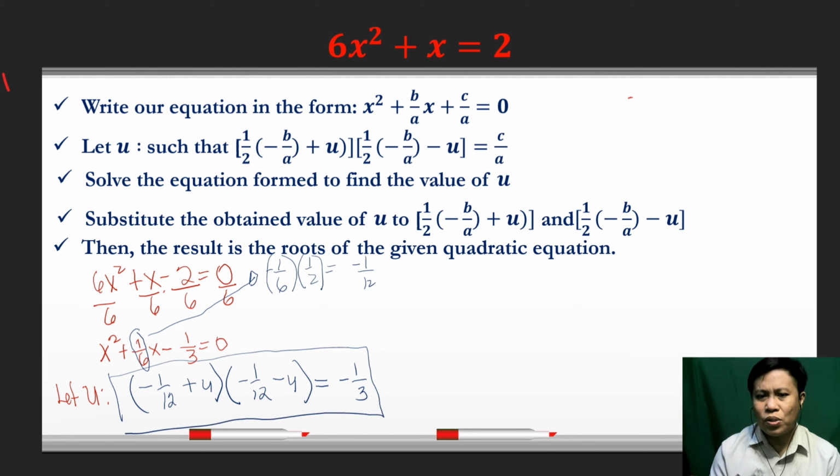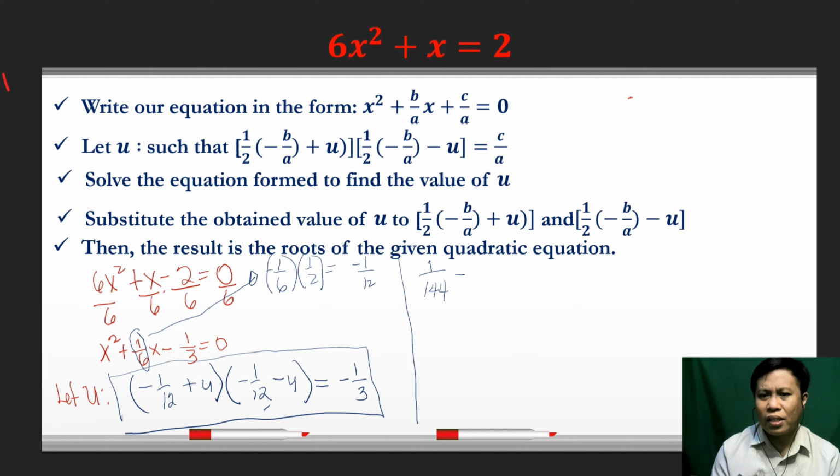So we'll solve this equation to find the value of u. This is the sum and difference of two binomials. So we square negative 1 over 12. The square of 1 over 12 is 1 over 144.